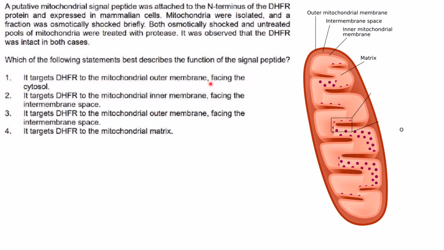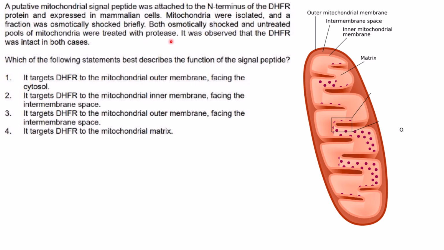Now if DHFR is targeted to the mitochondrial outer membrane and its domain, that is the DHFR domain, is facing the cytosol, then in that case it should have been digested with the protease.